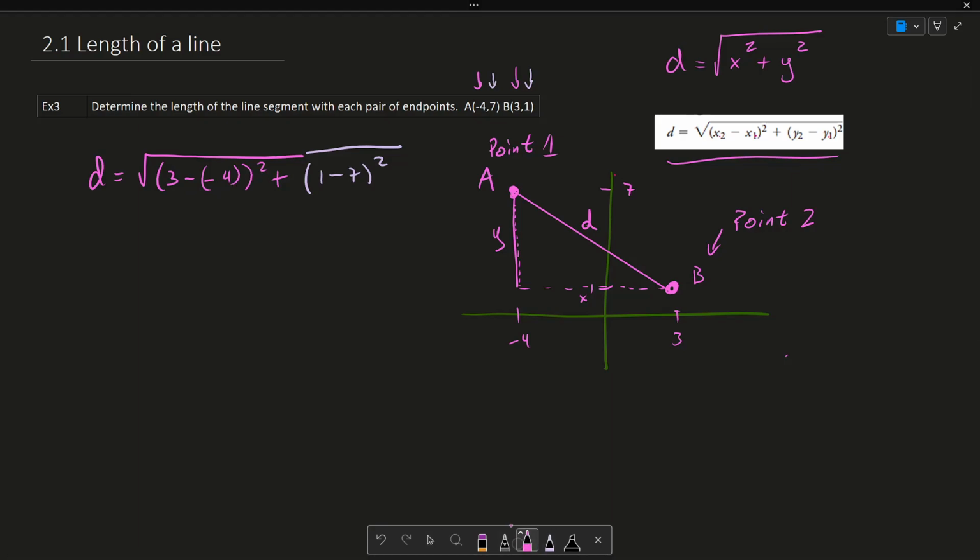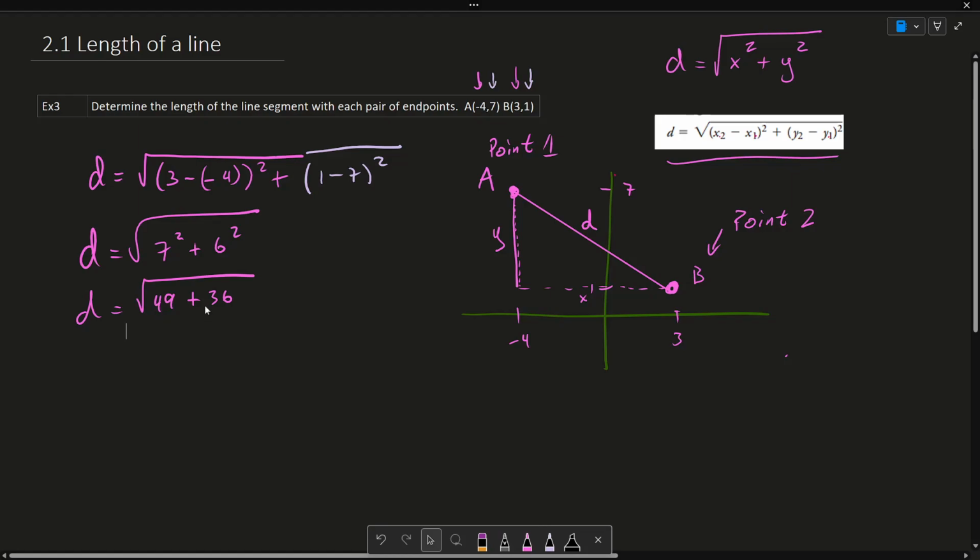And so doing this, distance is equal to 3 plus 4 is 7 squared, plus 6 squared, square rooted, so the distance is 49 plus 36 square rooted, which happens to be 85.